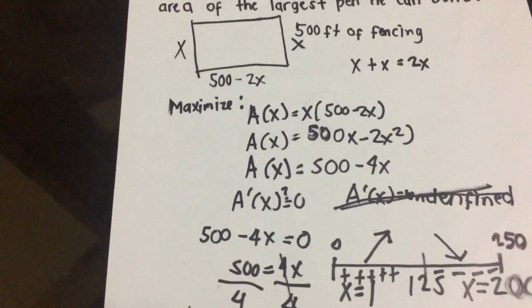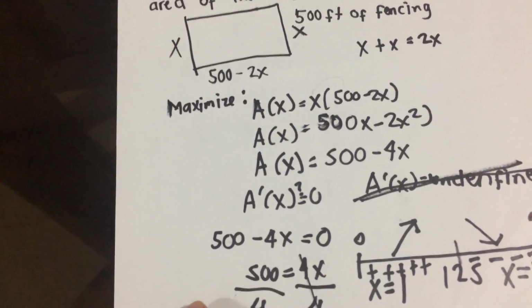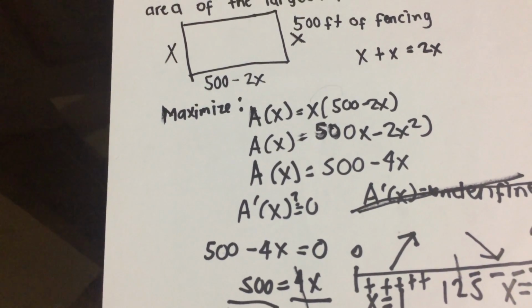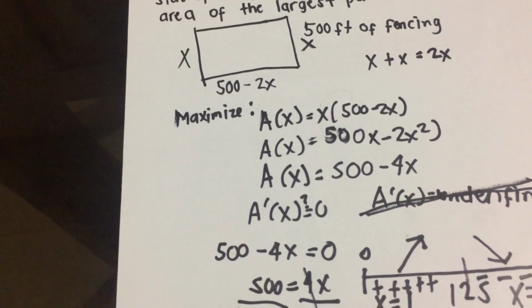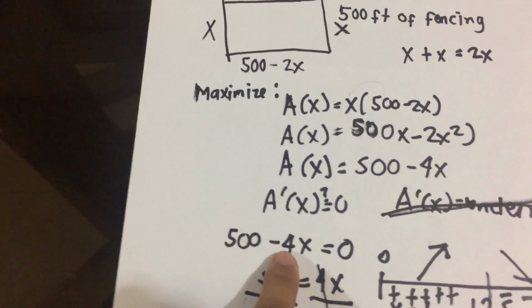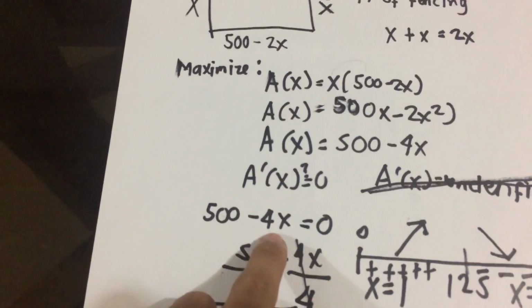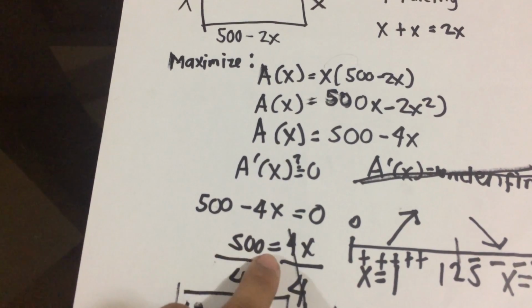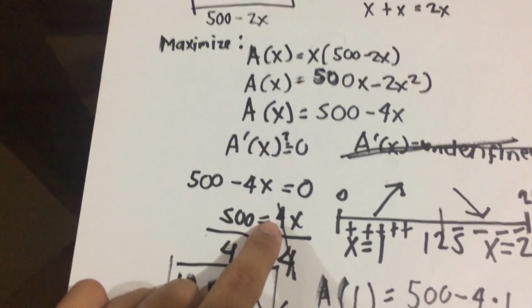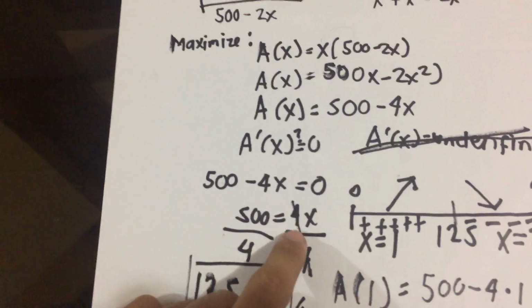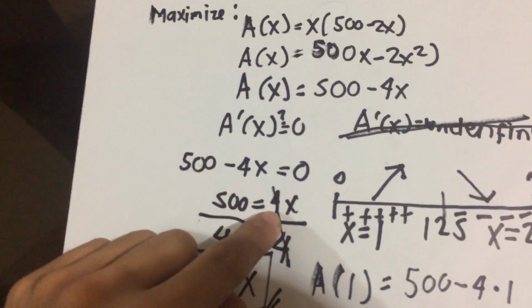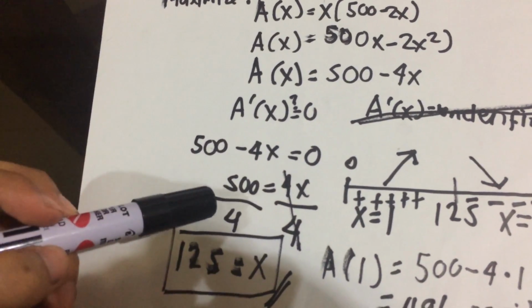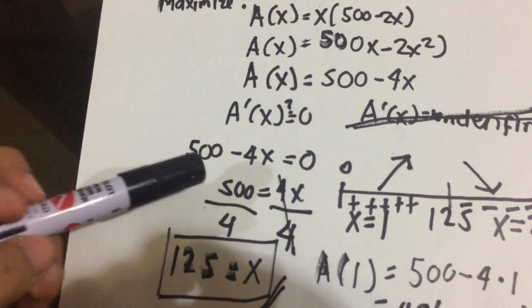So again, if the problem is phrased correctly, the maximum or minimum has to occur at the critical point. So I move 4x here, so 500 equals 4x, and we can divide by 4. I simply cancel out these 4s here, and I divide 500 by 4.